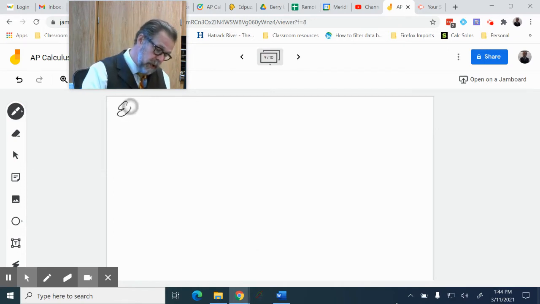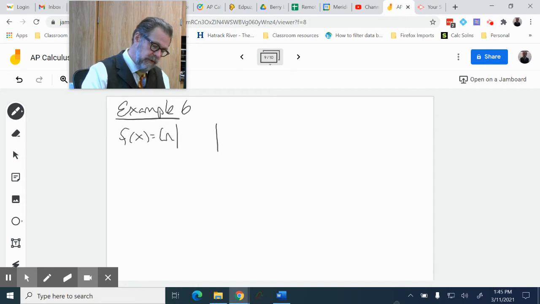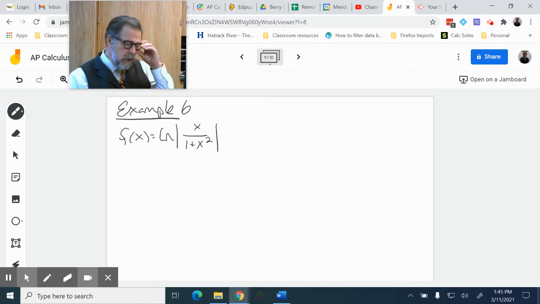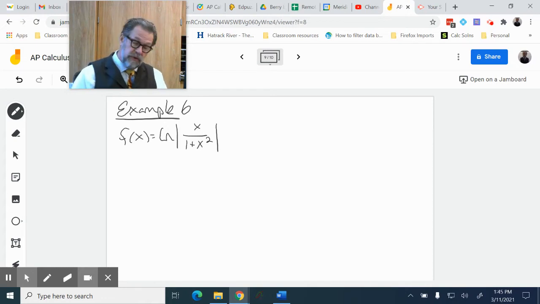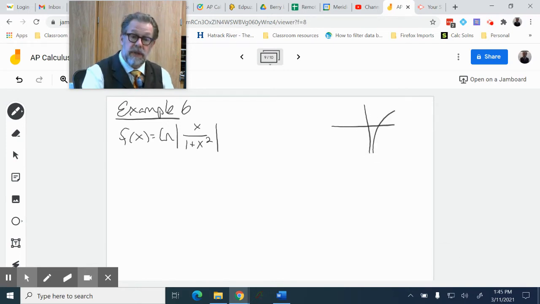Let's look at an example, and we're going to use a little bit of graphical graphing strategy here on this one, and our function is equal to the natural log of absolute value of x over 1 plus x squared. Now, one thing that's going to be important to notice is let's take a look at the graph of this function. I know that natural log looks like this, and it has a domain of x greater than 0.